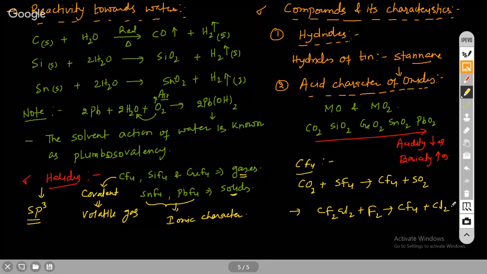Now, why are we discussing this here? Because this is actually a monomer, CF4.